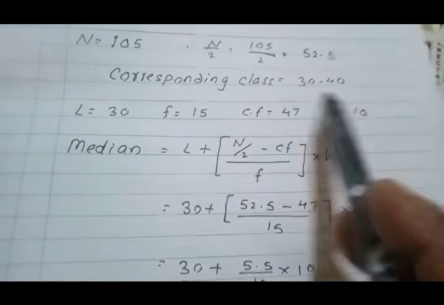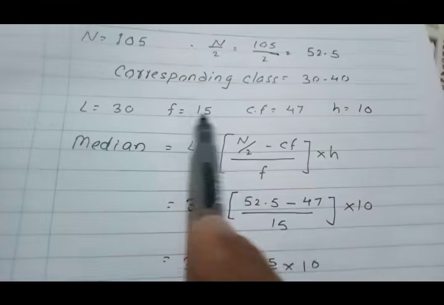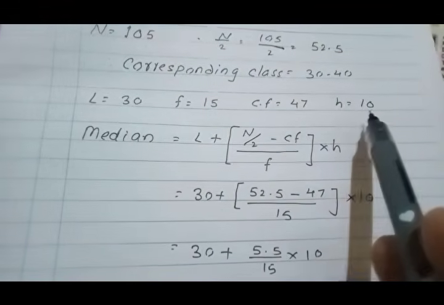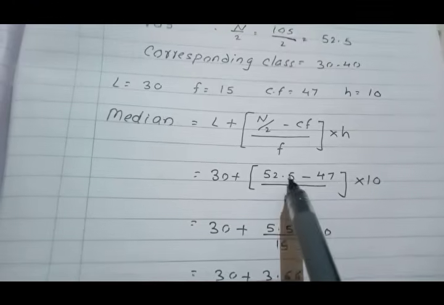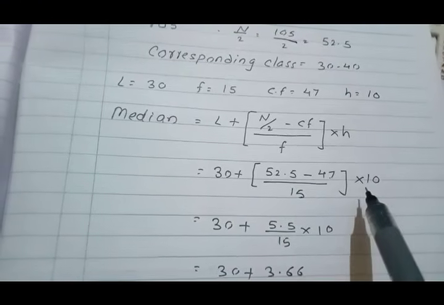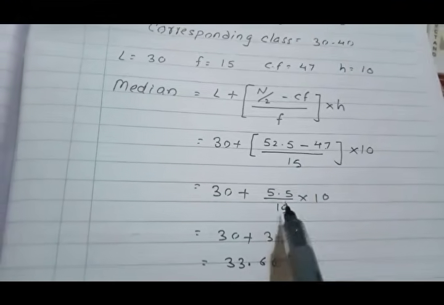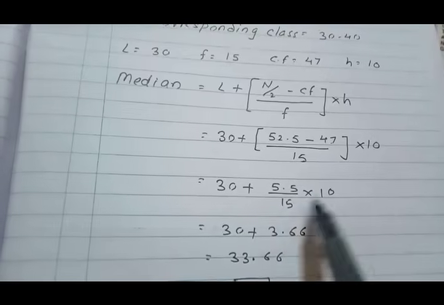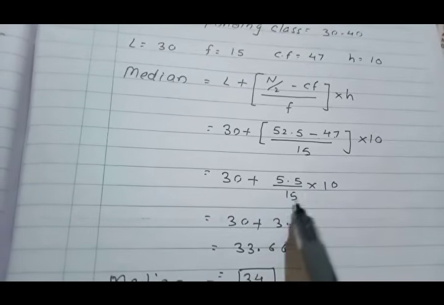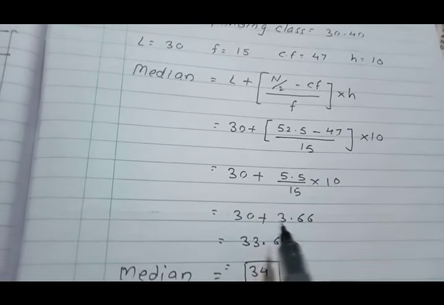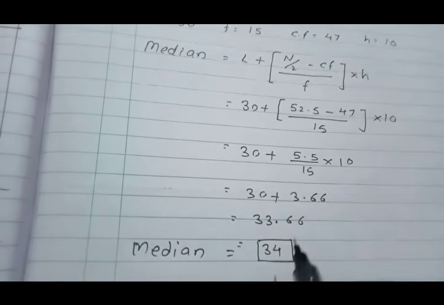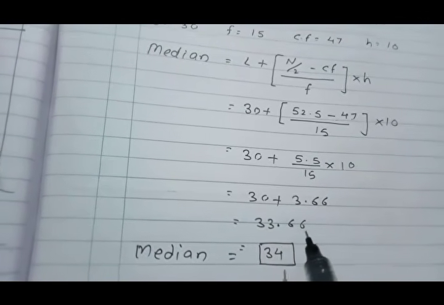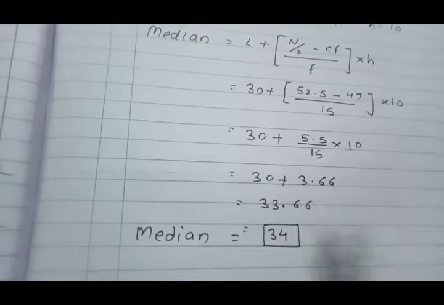Corresponding class 30-40, lower limit 30, f 15, cumulative frequency 47, h 10. Median is L plus (n/2 minus cf) upon f into h: 30 plus (52.5 minus 47) upon 15 into 10. Subtract, divide, multiply: 30 plus 3.66, so 33.67.